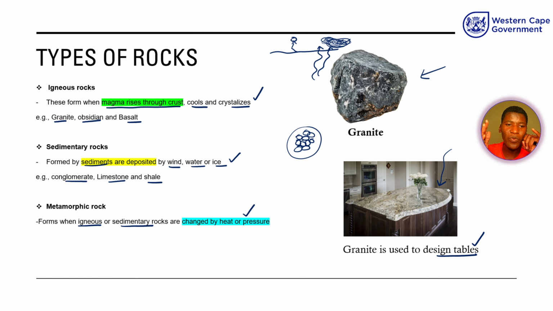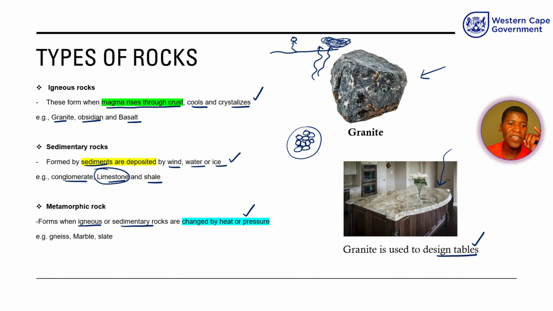All right. So we can take even limestone, it's a sedimentary rock. And if you put limestone under a lot of heat, you burn it. Basically, when you're applying heat, you are burning something. So you burn limestone, you can change it to another rock, and that rock will be a metamorphic rock. So the metamorphic rock forms as a result of a sedimentary rock or an igneous rock being changed by heat or pressure.